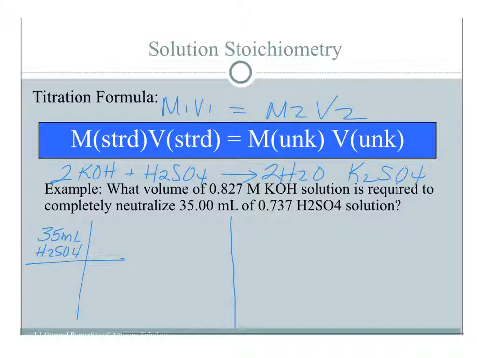So I'm going to do 0.737 moles per liter, but this is milliliters, so I'm going to change this to 1,000 milliliters. And this is H2SO4. Then I'm going to go to my balanced equation and do my mole-mole. I have 2 KOH going to 1 H2SO4.